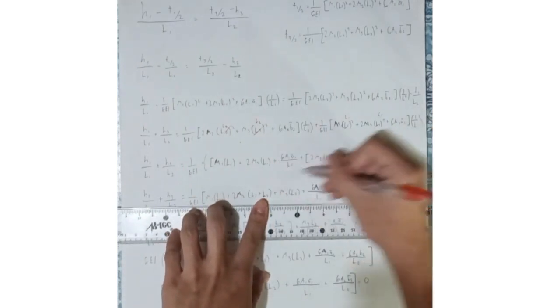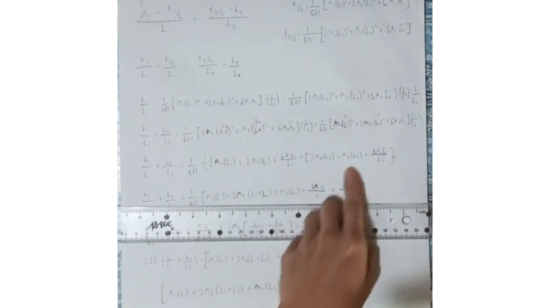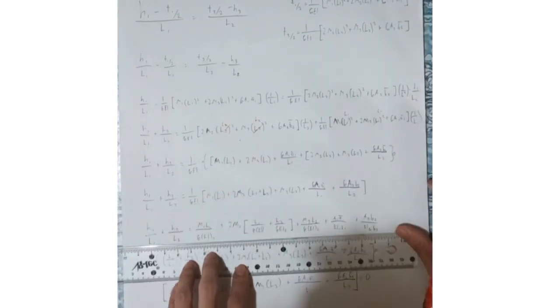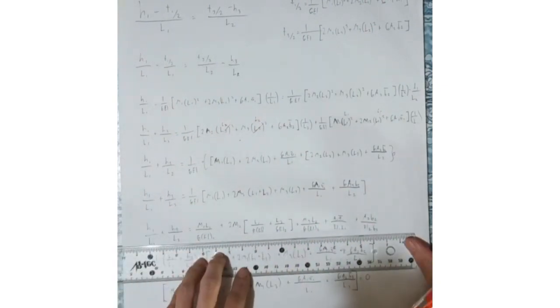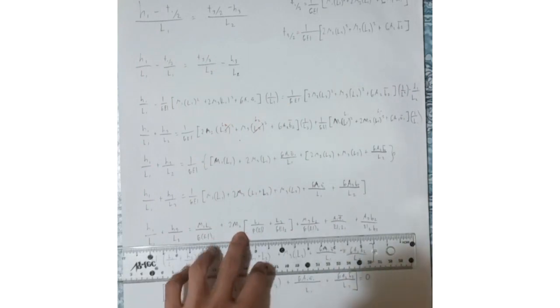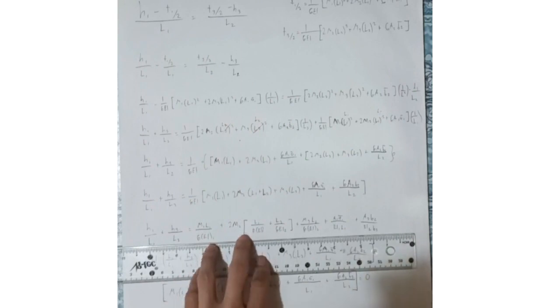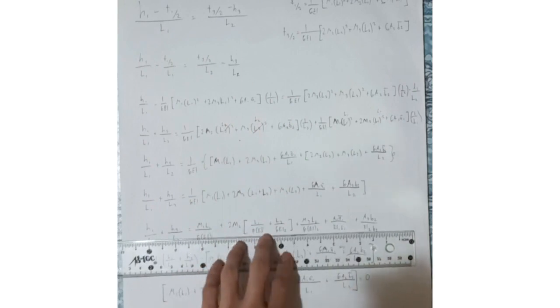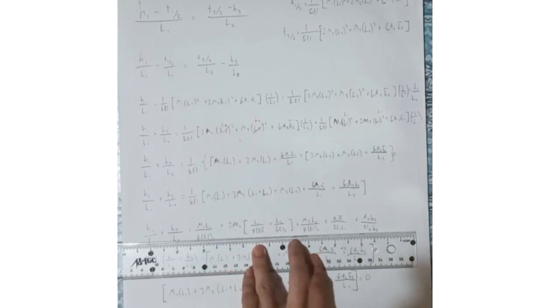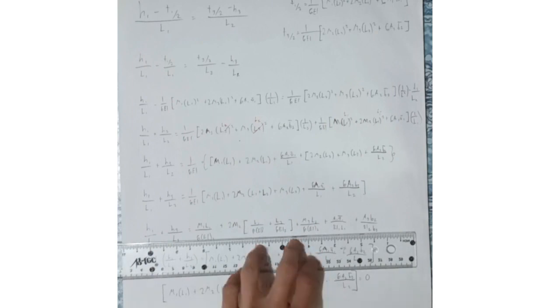From this one, we multiply this one, and then M3 L2s, same, plus this one, and then this. So H1 over L1 plus H3 over L2 equals M1 L1 over 6 EI1 plus 2M2 times L1 over 6 EI1 plus L2 over 6 EI2 plus M3 L2 over EI2 plus A1 A bar 1 over EI1 L1 plus A2 B2 over EI2 L2.